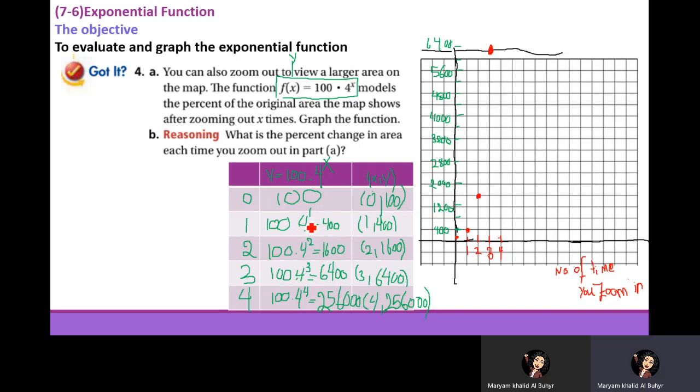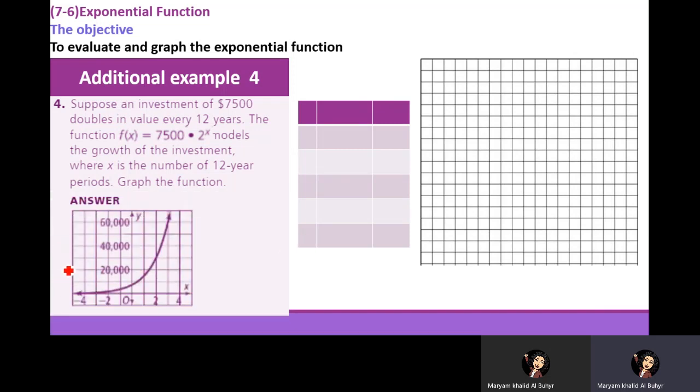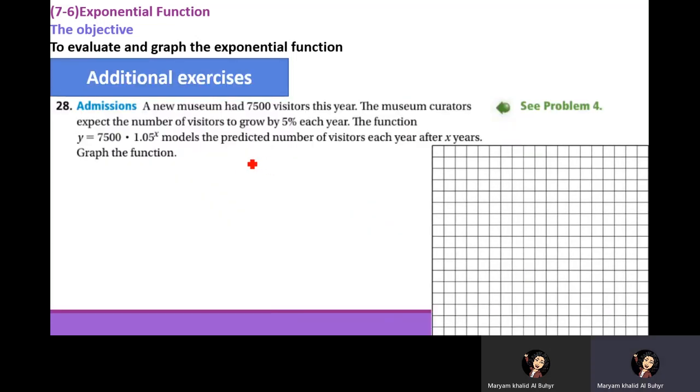Now let me move to this one. This is exactly the same idea, so I'm not going to work on it. You can just check the answer from the PowerPoint that I posted for you in the files. Even this one, exactly the same idea. I'm not going to work on it.